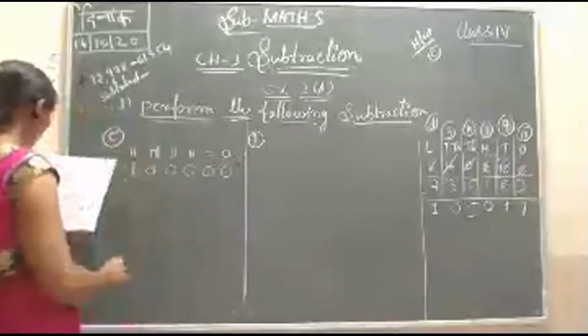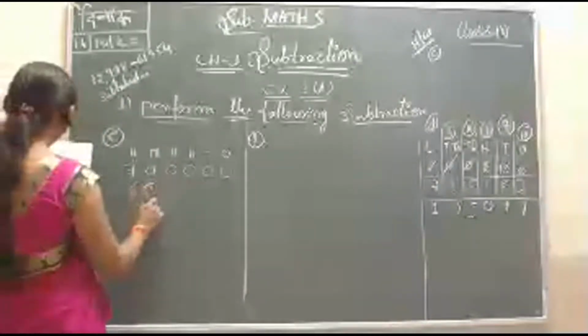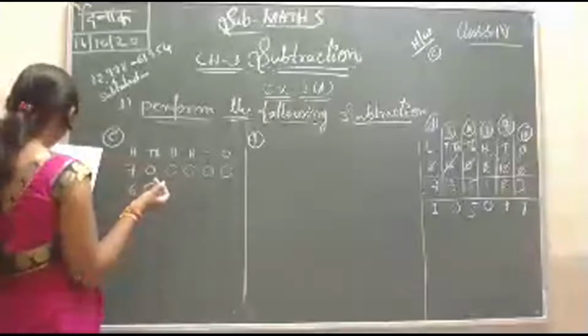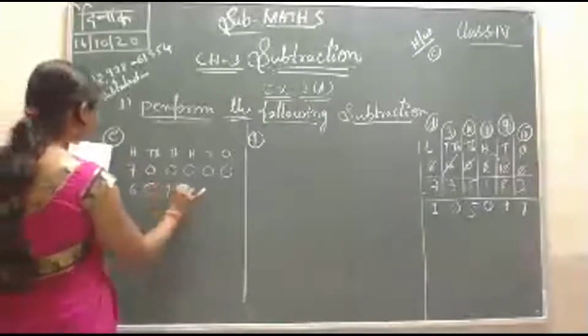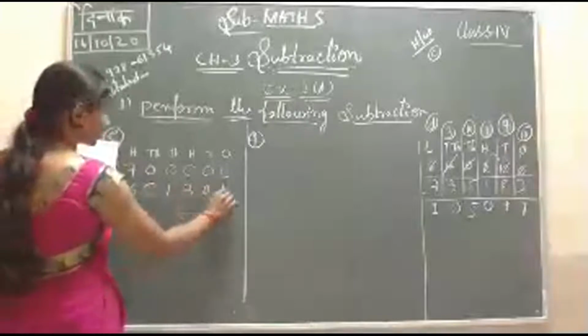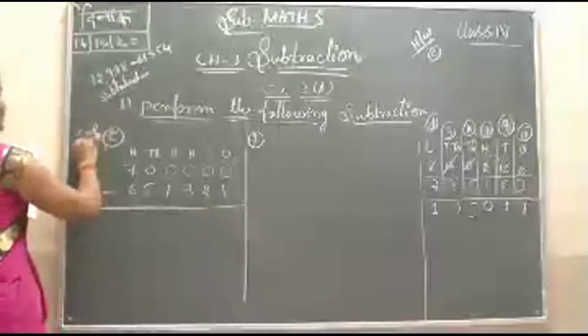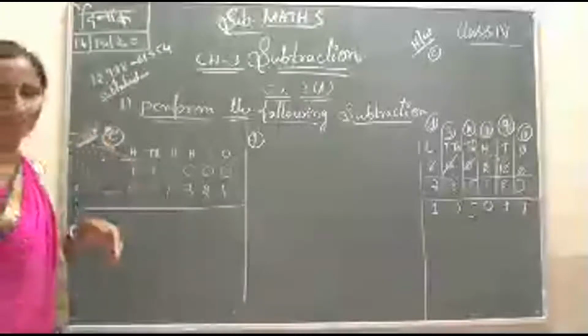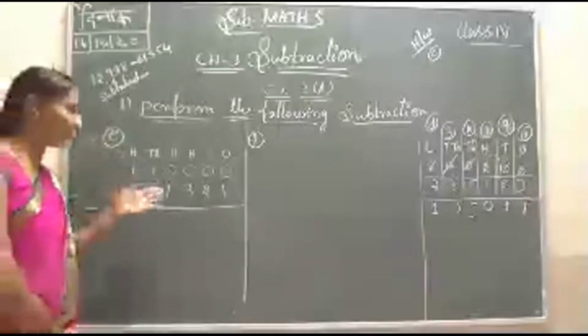Given the place value, 7 lakh minus 5 lakh, 7 lakh minus, that is 6 lakh 57,321. Students, this is important, a different kind of subtraction. This is important, it is a different problem.